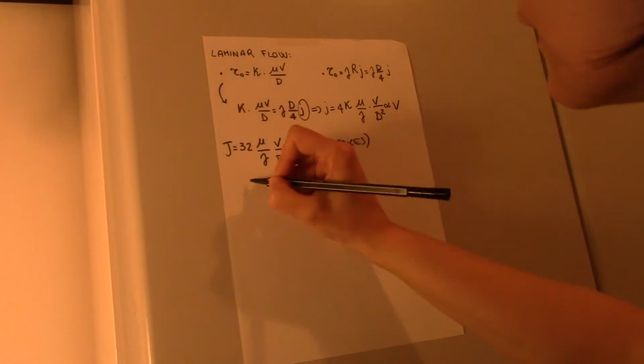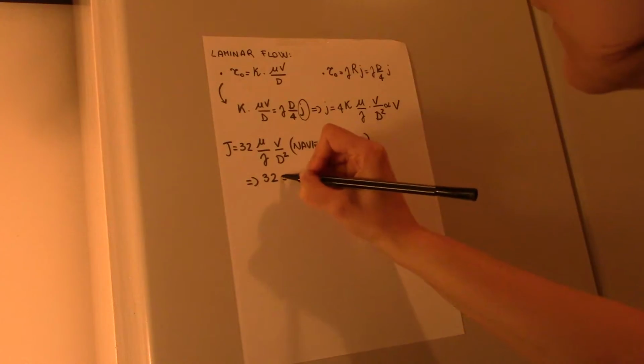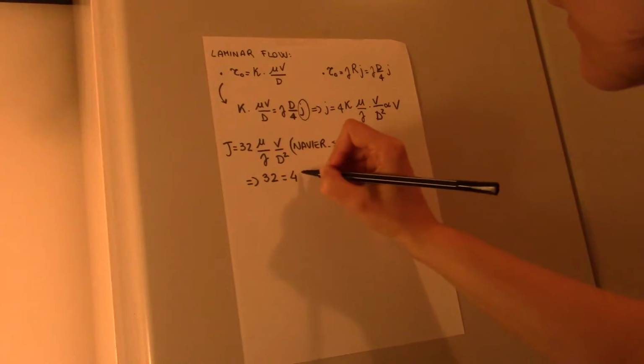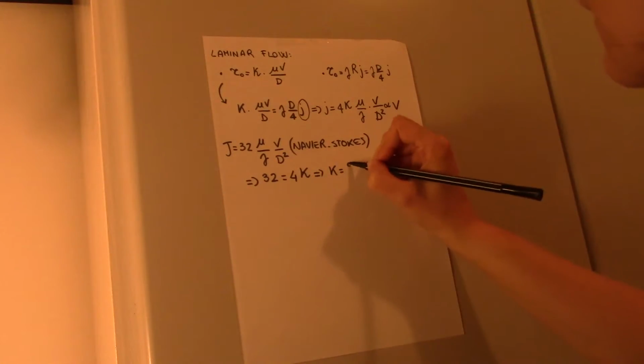So we get that 32 is equal to 4k, and k is equal to 8.